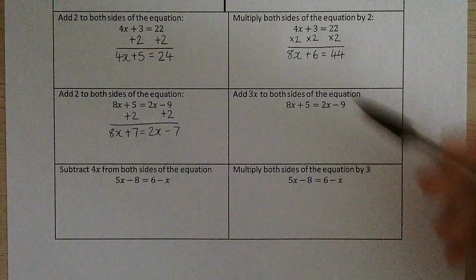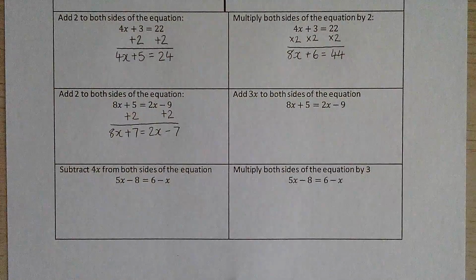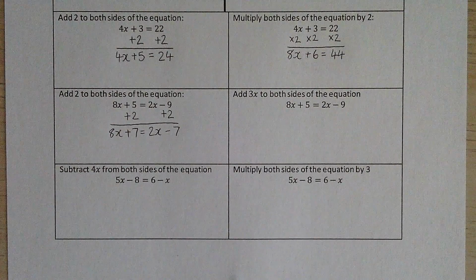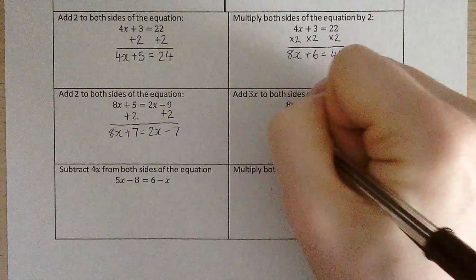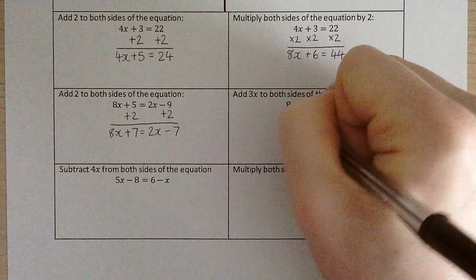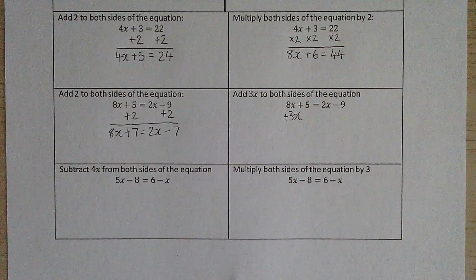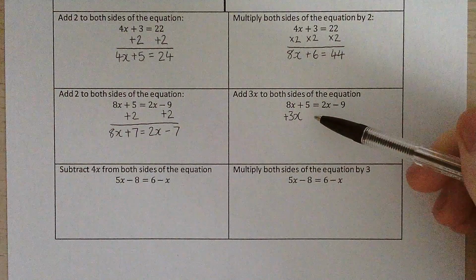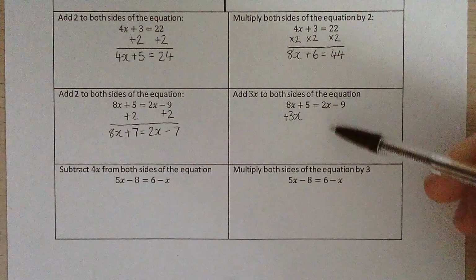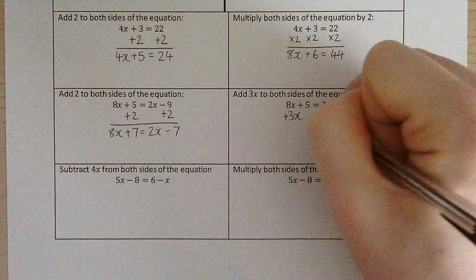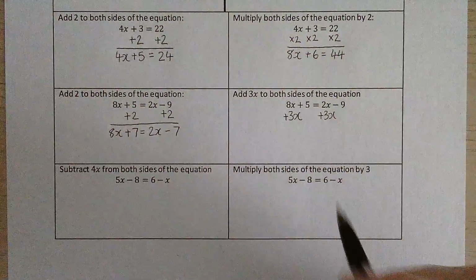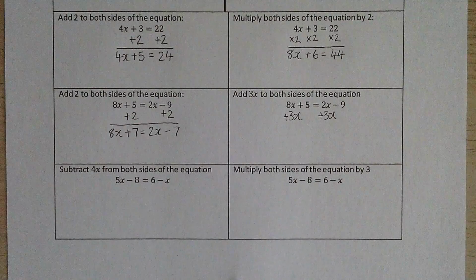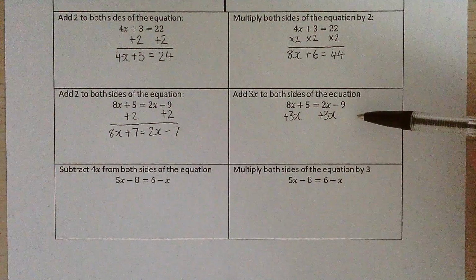So, because 8x and 3x are like terms, because they both have the same variable with the same power, I'm going to write add 3x underneath 8x. There'll be nothing underneath add 5 here. Underneath 2x, I'm also going to write add 3x. So I have added 3x to both sides of the equation. And then there'll be nothing underneath the minus 9.